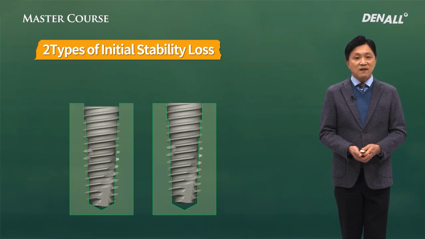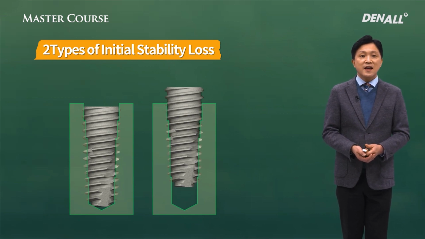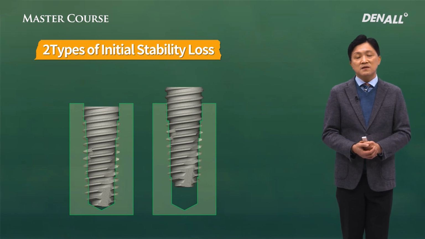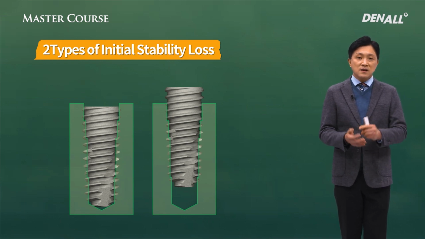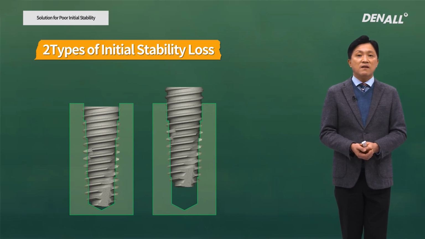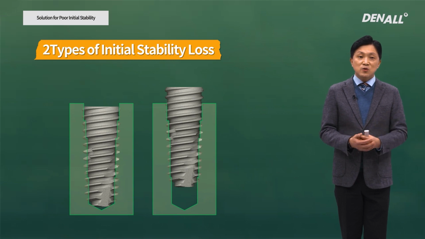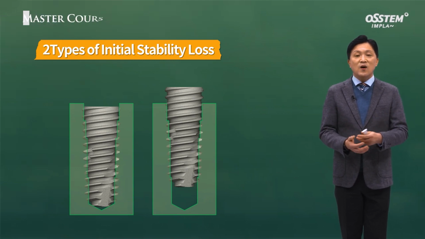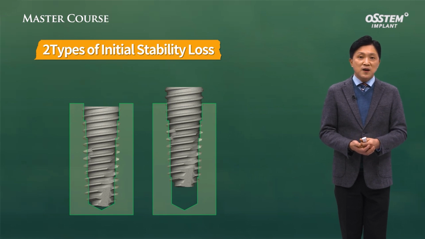When we place an implant and we want to place it deeper, the implant hits the bottom and it spins and comes back up. In this case, it is because the lateral wall bone quality is too soft. When initial stability is not achieved until the end of placement, as the bone is soft.